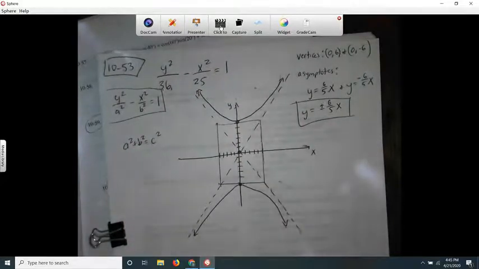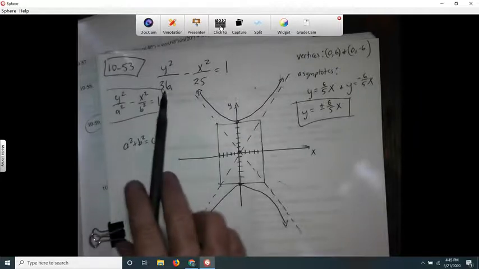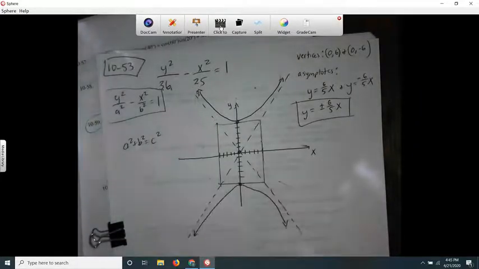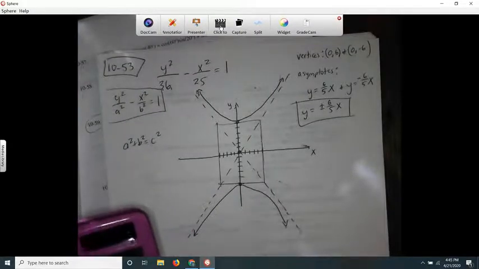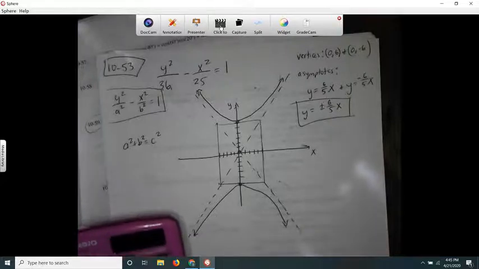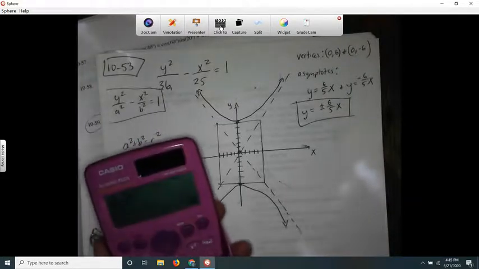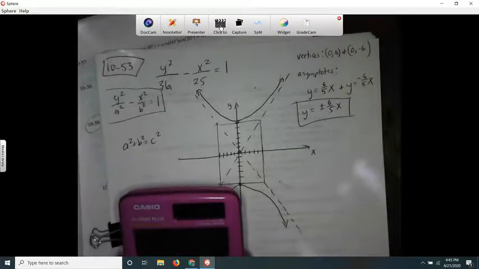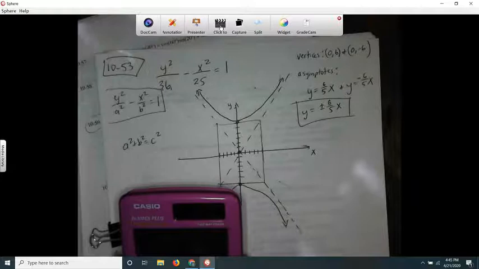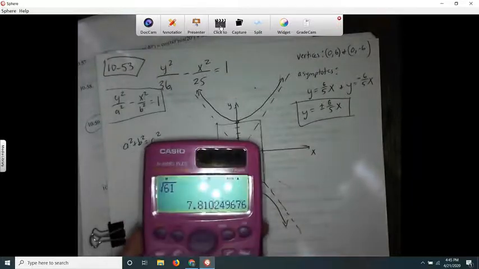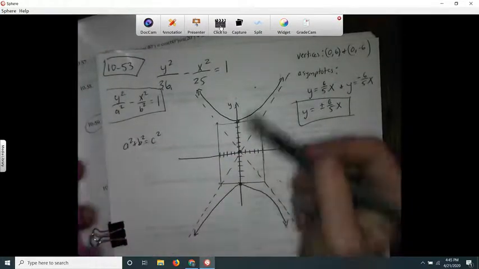So all I'd have to do is 36 plus 25, is it 61? I'm going to need the calculator anyway. It's 61, and the square root of that, we'll just get a decimal approximation. It's about 7.8.